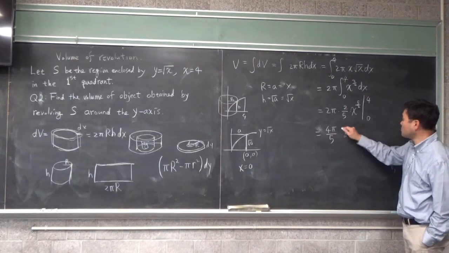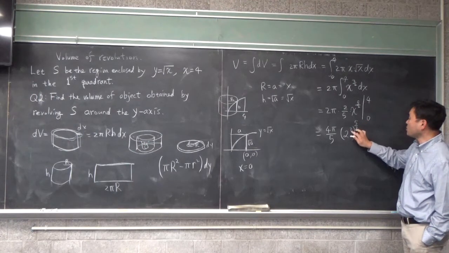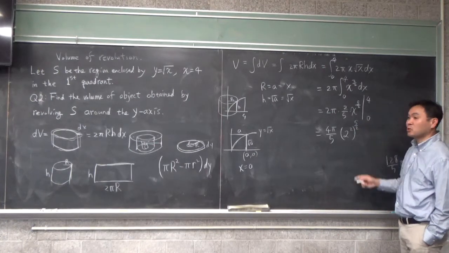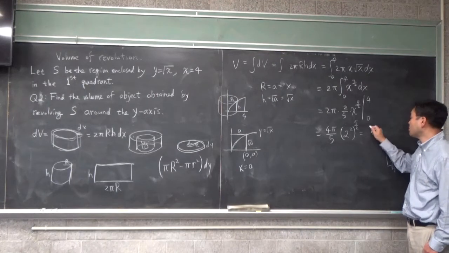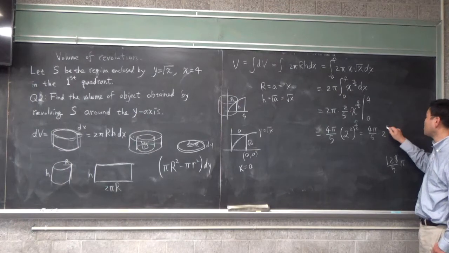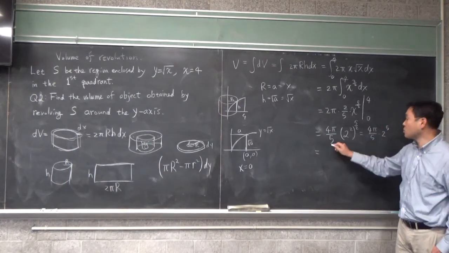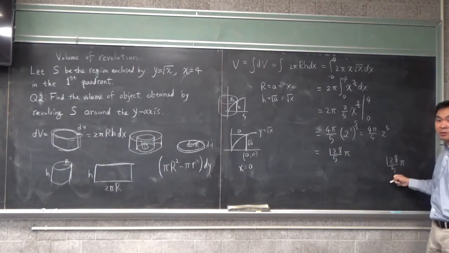The reason I want it in this form is that if you have an exponent here and an exponent here, they multiply. What's twice 5 over 2? Just 5. So you end up with 4 pi over 5 times 2 to the 5th power, which is 32. And 32 times 4 is indeed 128 over 5 pi, the same as our previous answer.